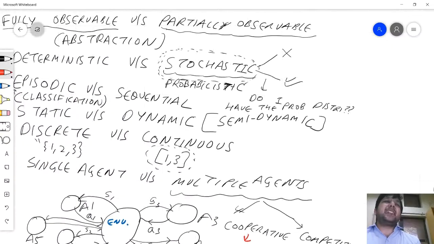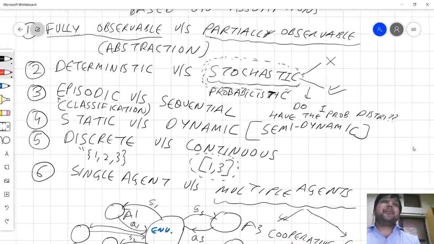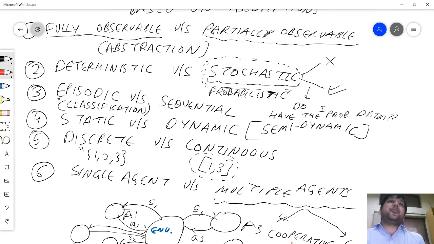an obvious thing that will come to your mind is partially observable is more generic than fully observable, stochastic is more generic than deterministic, sequential than episodic, dynamic than static. Assume everything moves. If it doesn't move, your algorithm will still handle it. Continuous is more generic than discrete, multi-agent is more generic than single agent, and similarly with all others.